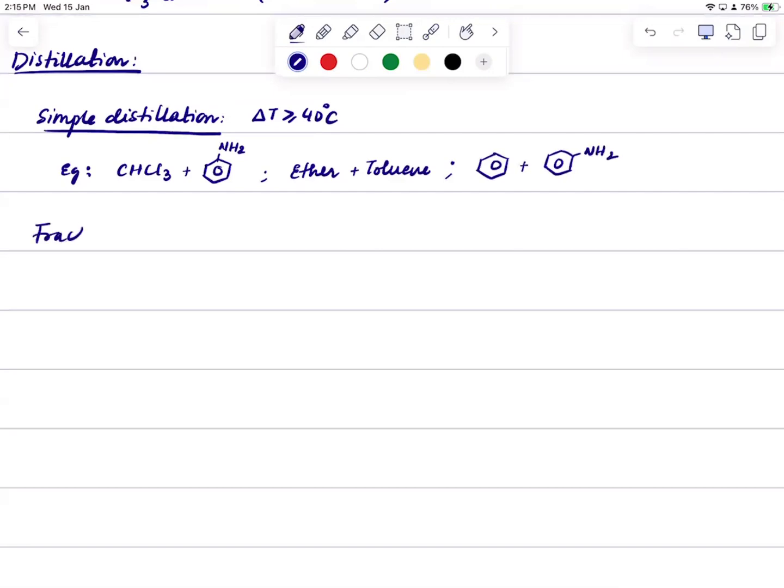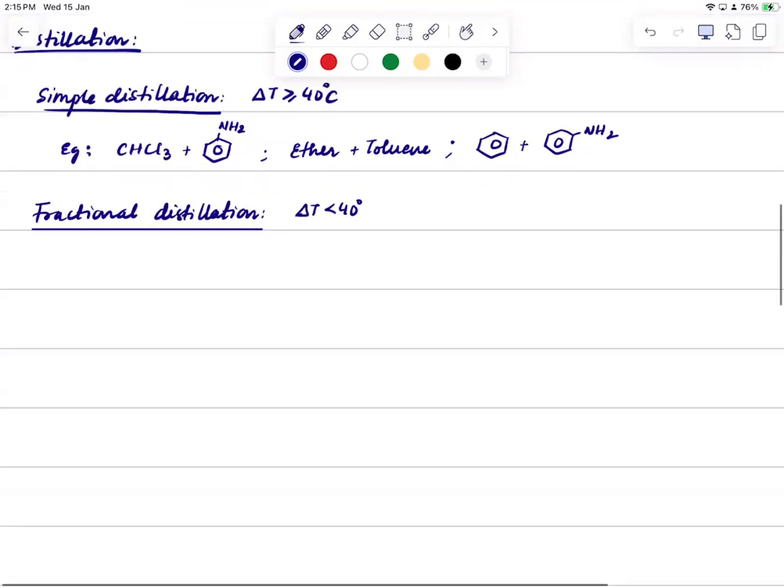Next one is fractional distillation. Here, delta T has to be less than 40 degrees. Like I said, if 20 or 30 degrees is given, you still go for fractional distillation.